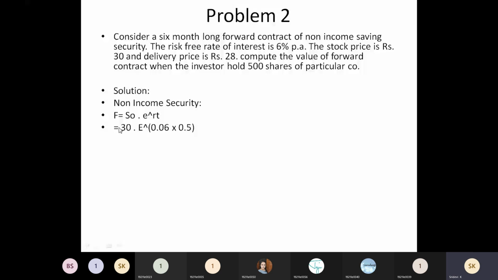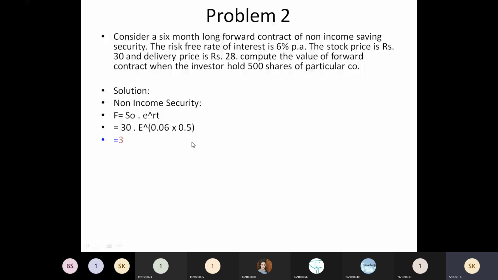So what are we going to get for F now? We substitute all these values. F is equal to 30 into e power 0.06 into 0.5. Right? So first you multiply 0.06 into 0.5, and then you find out the e value.